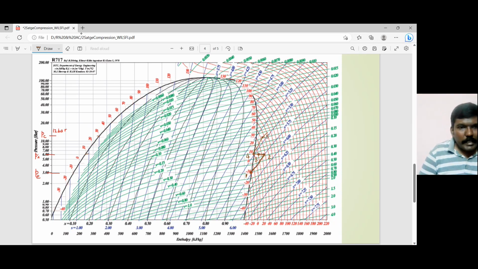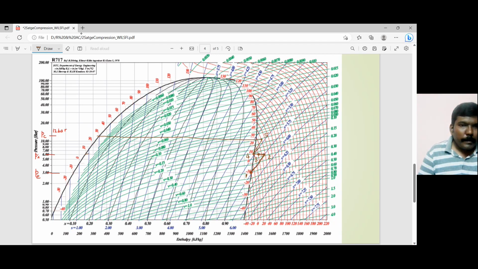Okay, so on the 12 bar pressure line, it is supposed to be a horizontal line. So point number 5 is a little bit lower. So this is my point number 5.